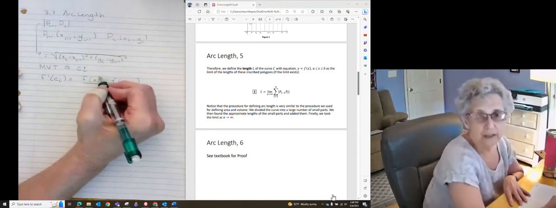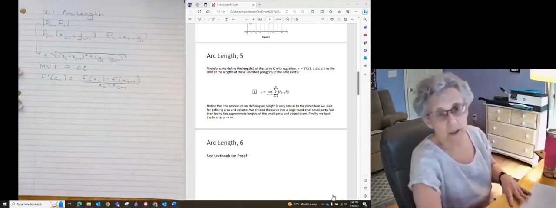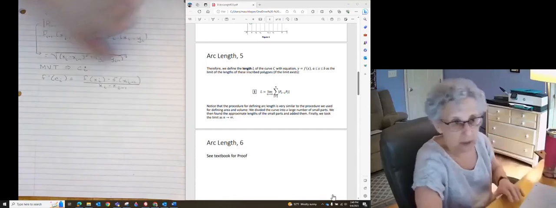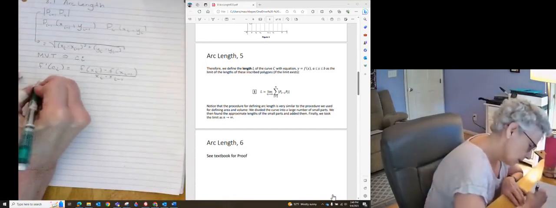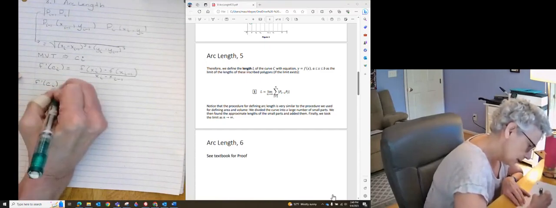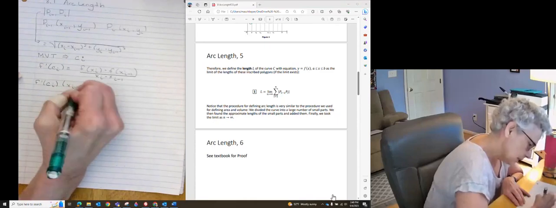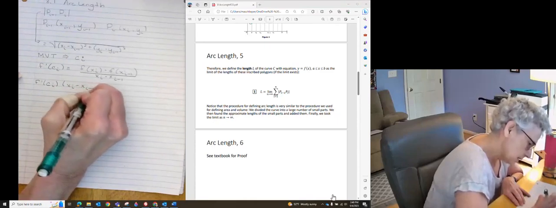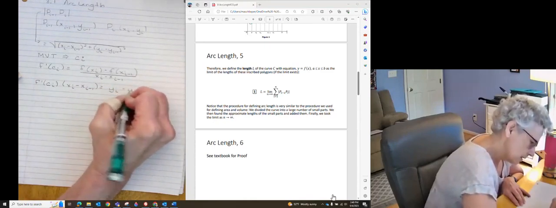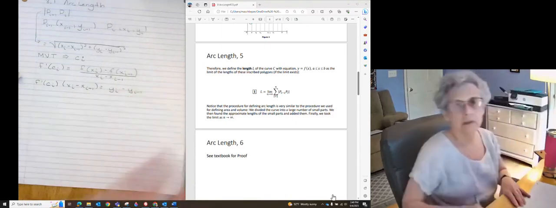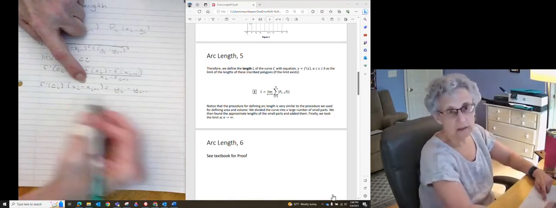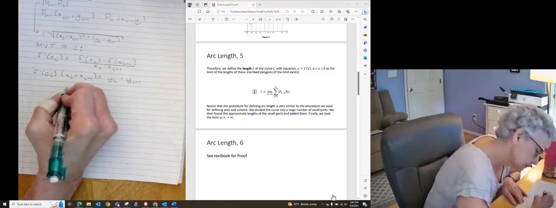Well, F of X sub I and F of X sub I minus 1 are Y sub I and Y sub I minus 1. So I have F primed of C sub I times X sub I minus X sub I minus 1 is equal to Y sub I minus Y sub I minus 1. This is delta X. This is delta Y.